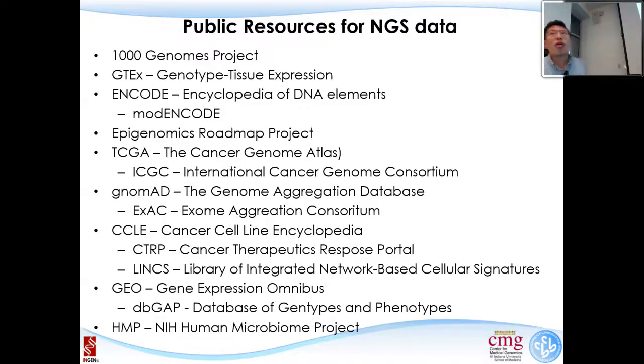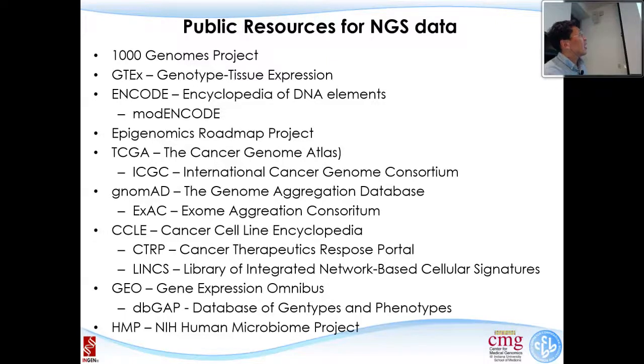The GTEx project is trying to provide a reference RNA level signal for different tissues. So they have done over, how many? 12,000 individual samples across hundreds of individuals and across 50-ish different types of tissues.